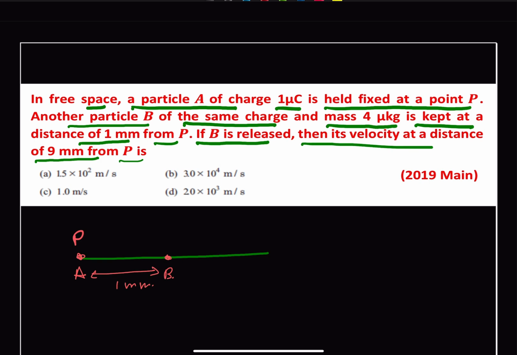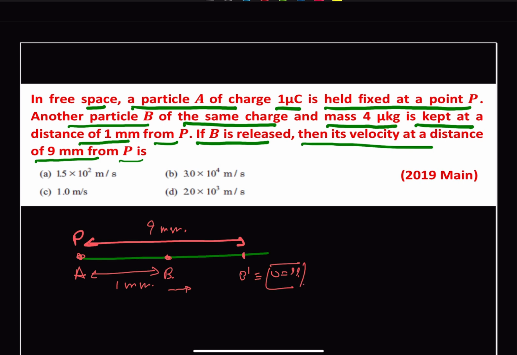As they have the same charge, obviously they are going to repel each other, and this charge B will try to move towards the right. As soon as B is released, we need its velocity at a distance of 9 millimeter from P. Suppose it reaches this point, that is B prime, and the distance of B prime from A is 9 millimeter. So we are going to find out the velocity at this particular point.